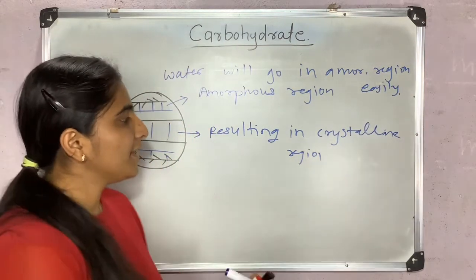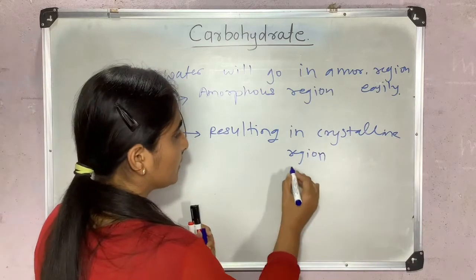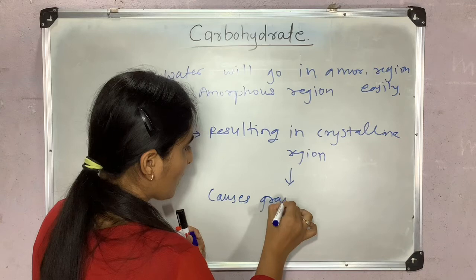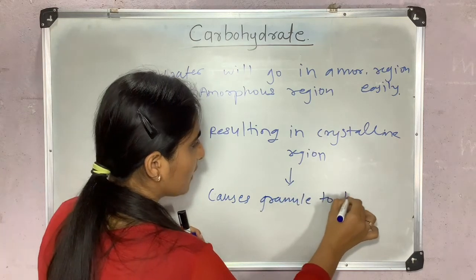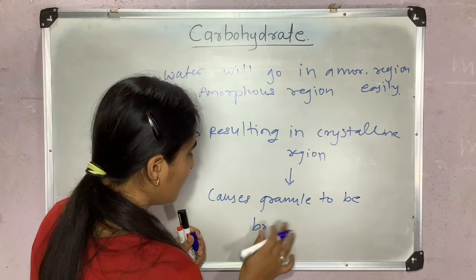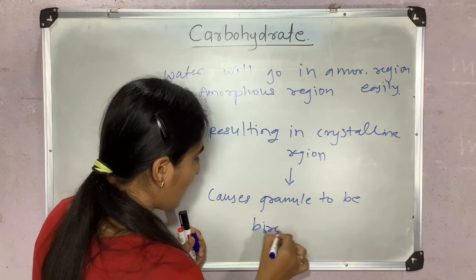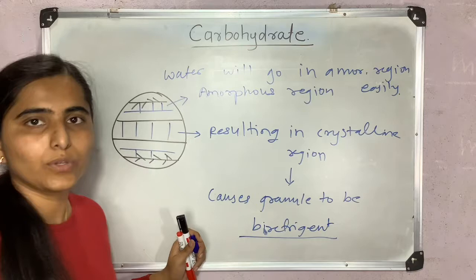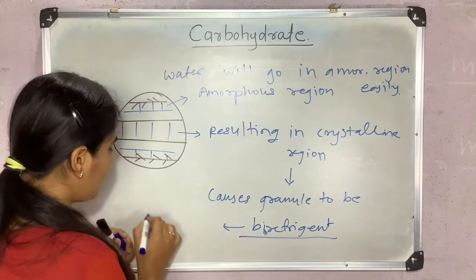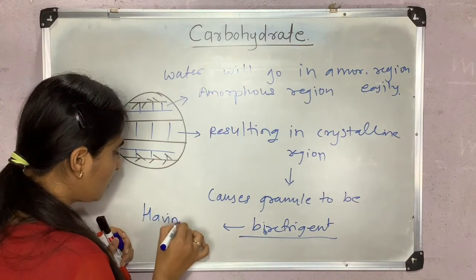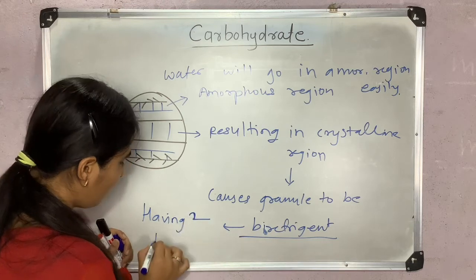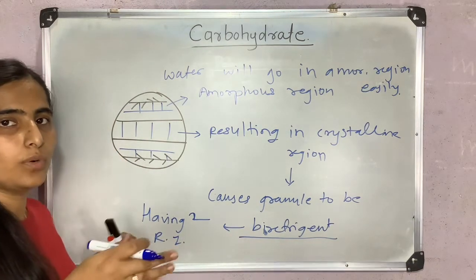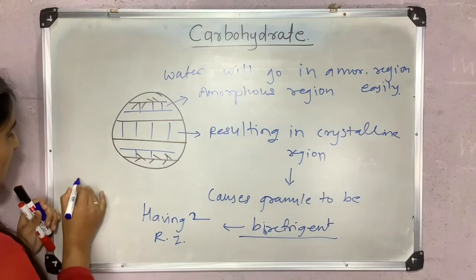This crystalline region causes the granule to be birefringent. Birefringent means having two refractive indices, meaning light will pass in two different ways.